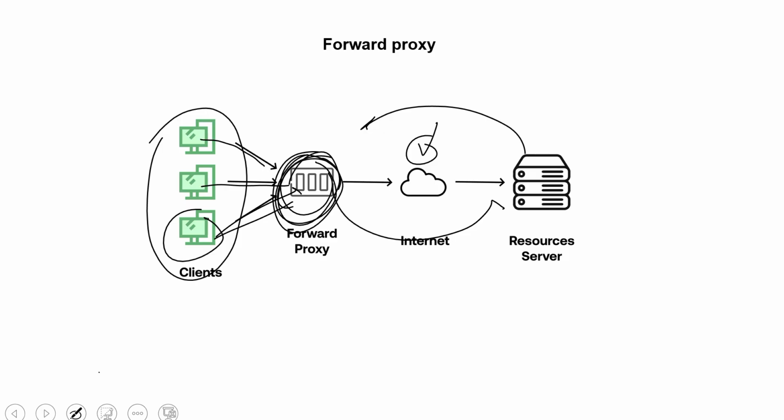Also, caching speeds up repeated requests by storing copies. You repeat the request to one web server multiple times. The first time, it caches the static contents, and the next time you request the web server, some contents are served from the proxy for better performance, and the dynamic contents are served from the web server.